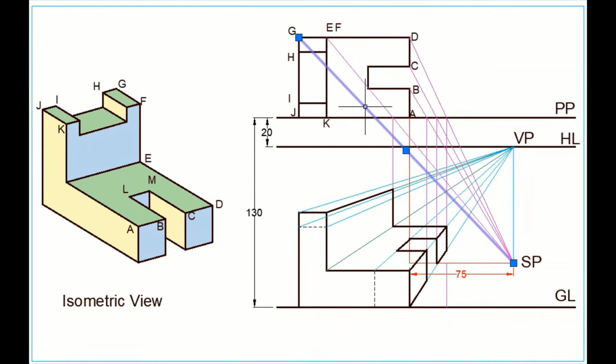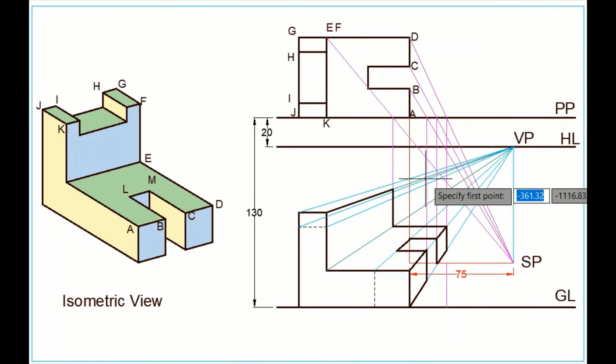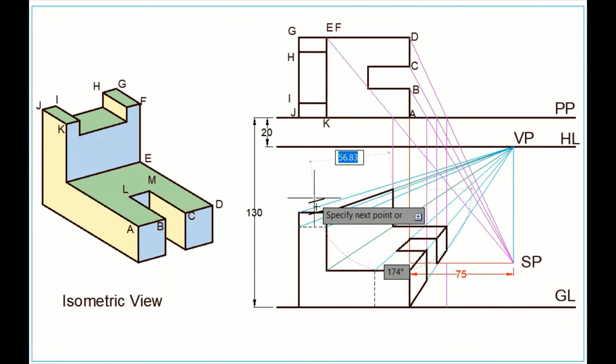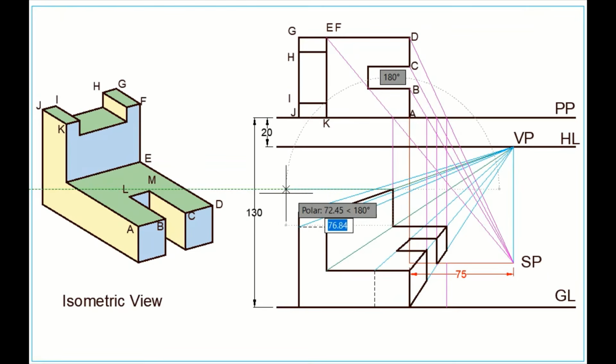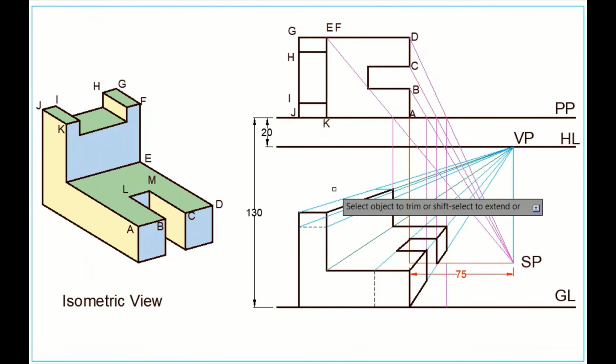Or alternatively, we can simply draw a horizontal line from this point, but it has to be a horizontal line. So just draw a horizontal line, right? Trim it. So this point here is point G.